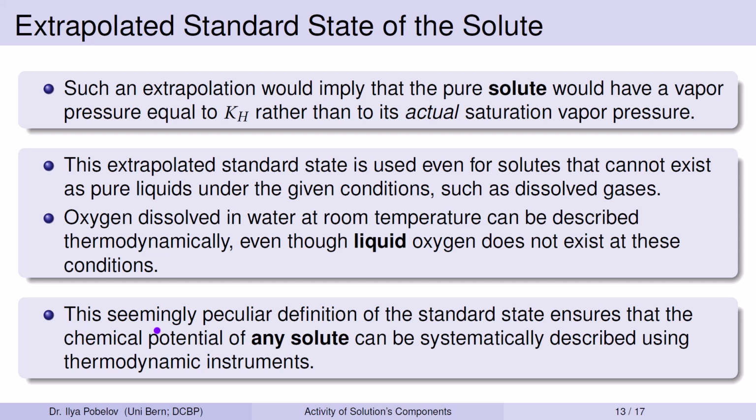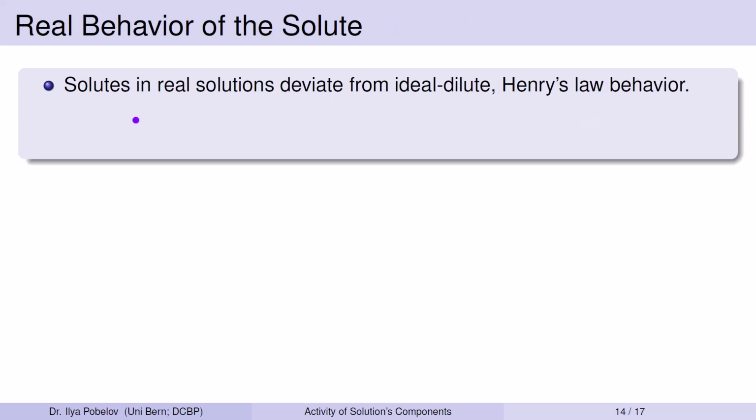This seemingly peculiar definition of the standard state ensures that the chemical potential of any solute can be systematically described using thermodynamic instruments, regardless of whether the solute exists as a pure liquid or only as a solute in a solution. Solutes in real solutions deviate from ideal dilute Henry's law behavior.